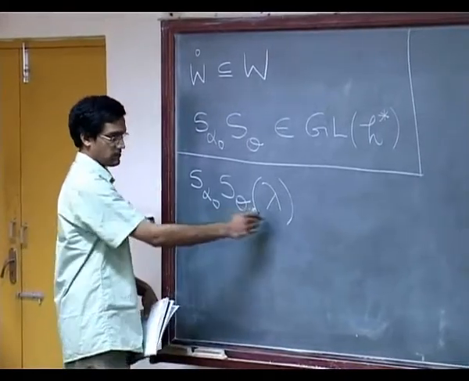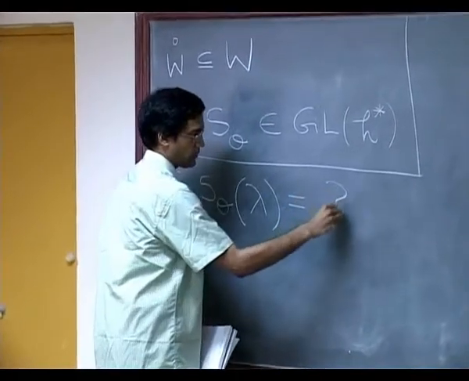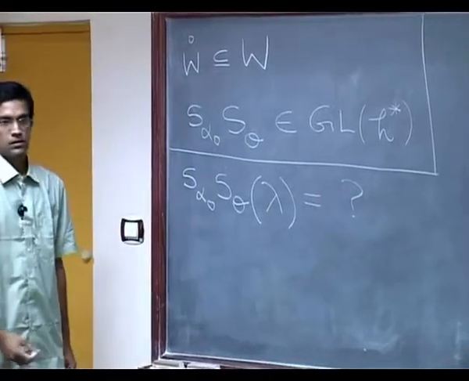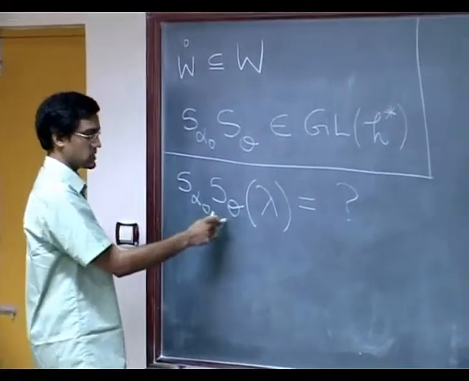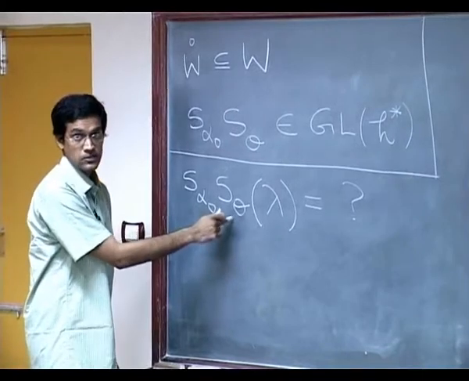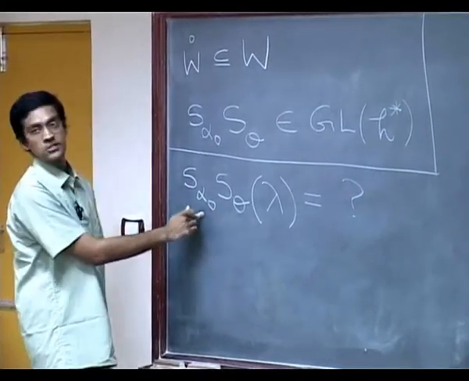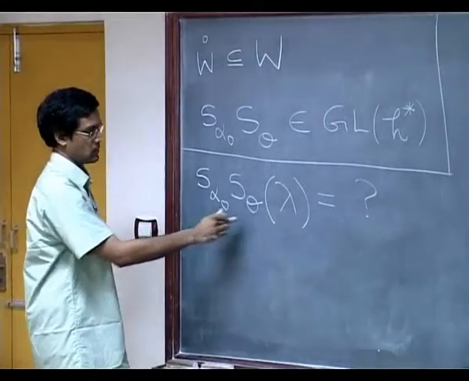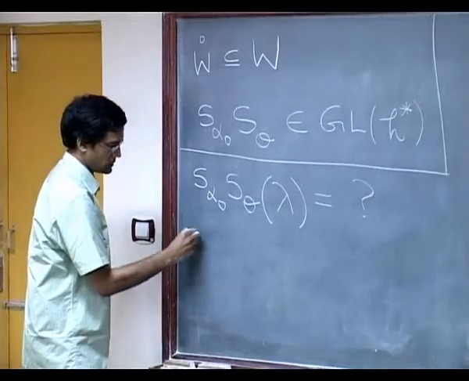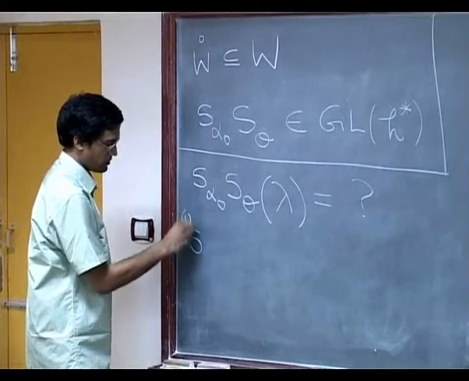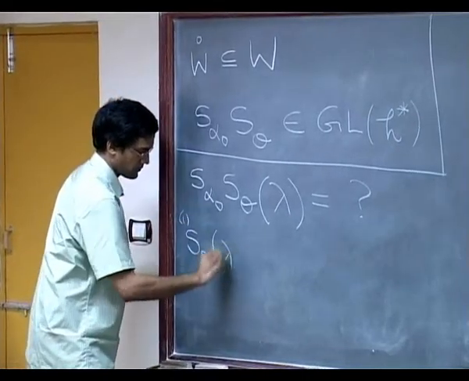So, let us apply S theta first. My goal is really to compute this. Let us apply the first reflection S theta. That is still in the finite Weyl group part. Now, the interesting stuff happens when you hit it further with an S alpha naught. So, observe step 1, I compute S theta of lambda.